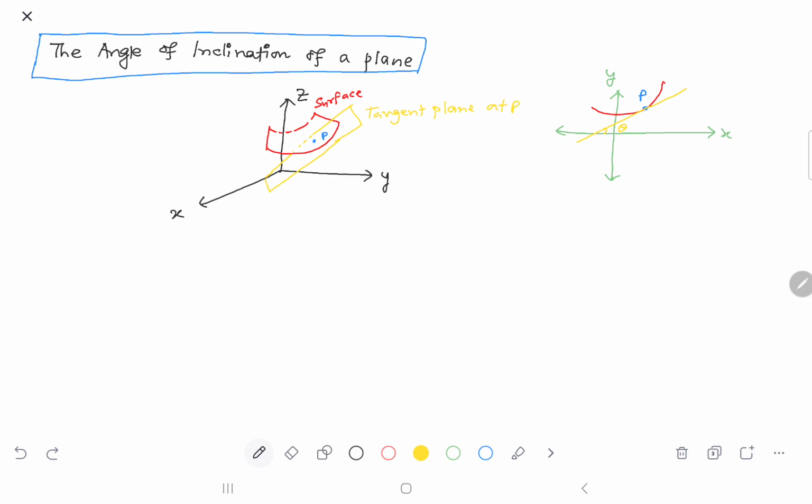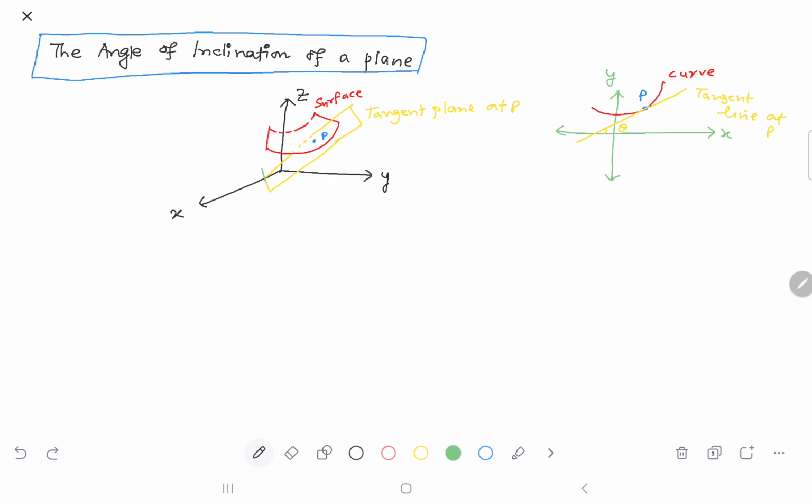In two dimensions we have a curve and a tangent line at point P. Now at the point P, we are considering the tangent plane. Naturally we can ask how much angle it makes with the xy plane. It will intersect the xy plane through this line.